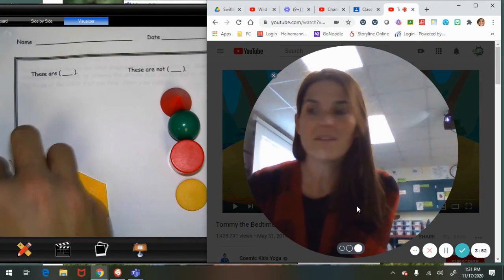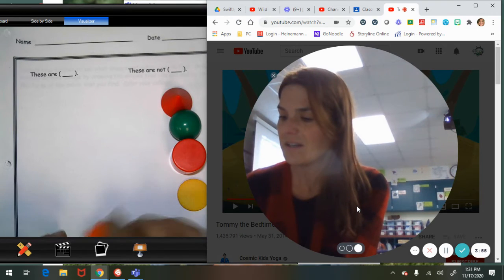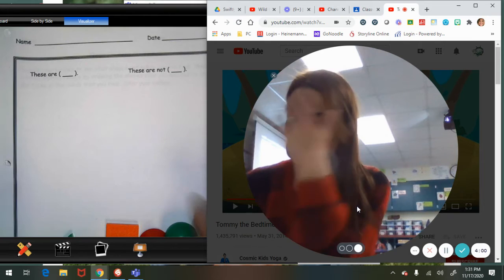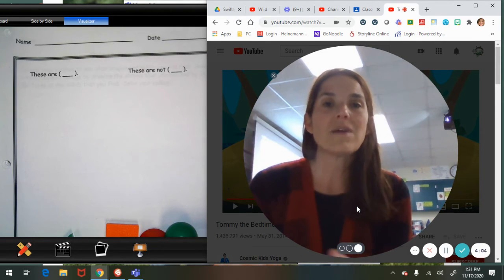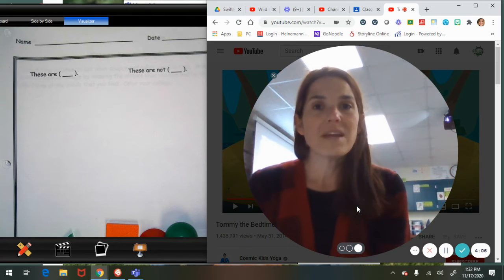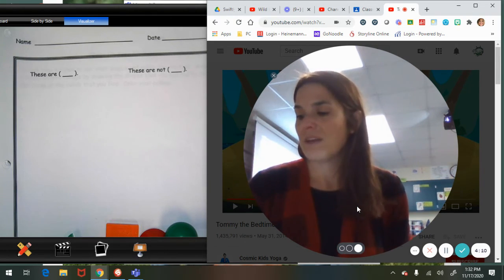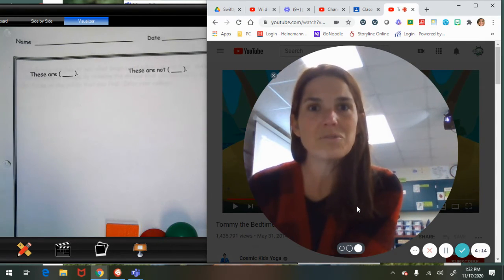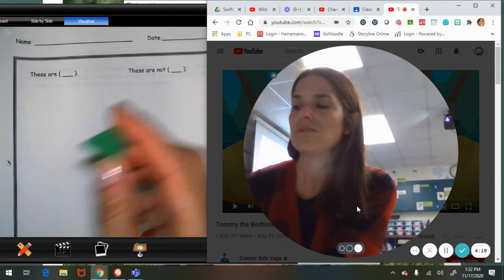Now let's try another way. Put all of our shapes down here. Now, yesterday we talked about how we could put them in groups that roll and don't roll. Well, today maybe we could put them into groups based on if they have corners. Corners are where two ends meet. Now, the triangle, it has 3 corners. 1, 2, 3.